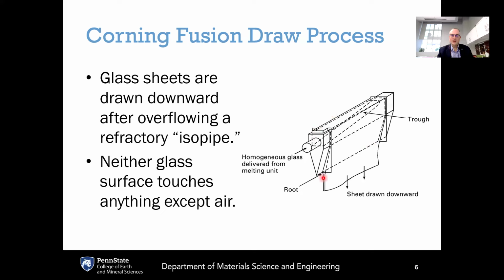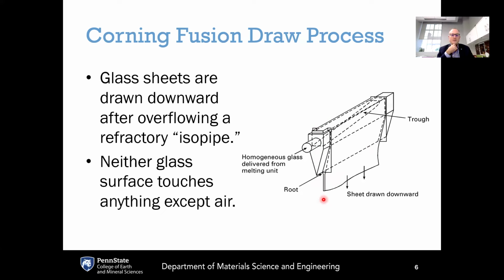Likewise, the part on the left that has touched the isopipe ends up at the interior as it overflows both sides, comes down, and then fuses at the bottom. The outside surfaces of the sheet have touched nothing other than air. And so with this process, you have perfectly pristine surface quality on both sides.